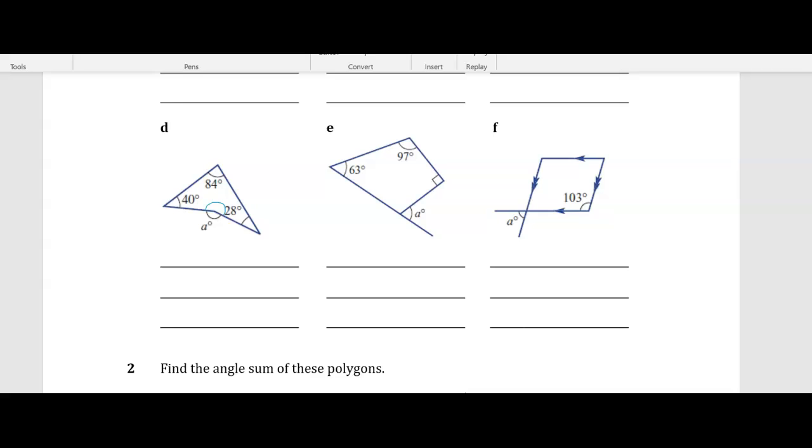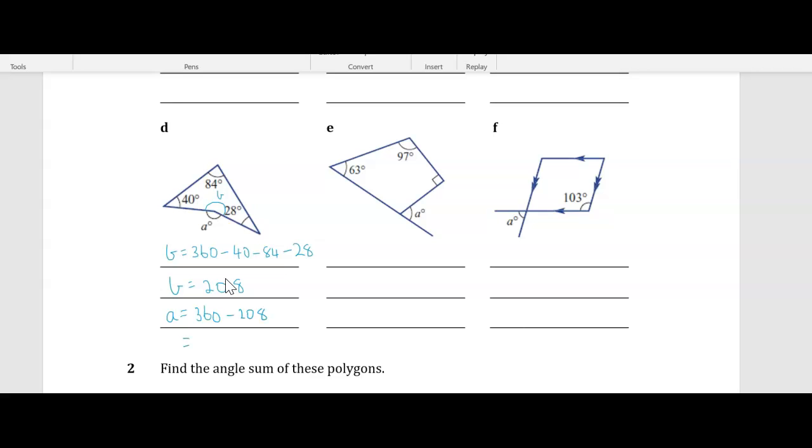So let's call that angle B. So B is equal to 360 minus 40 minus 84 minus 28. All right, and we get 208. And then A is equal to 360 minus 208.